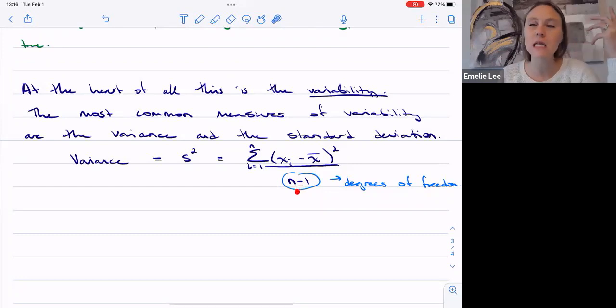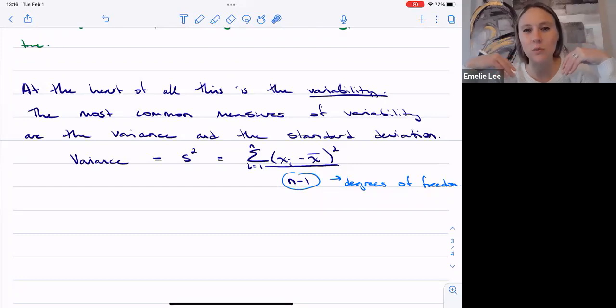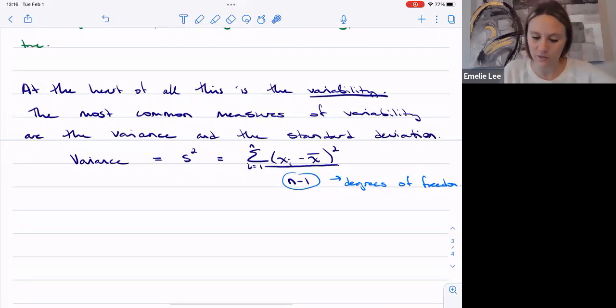If we think about the mean, I add up all the values and divide by n. We would kind of expect the same thing for the variance, but then all of a sudden we use n minus 1. The brief reason for that is that it gives us a better estimate than just dividing by n.